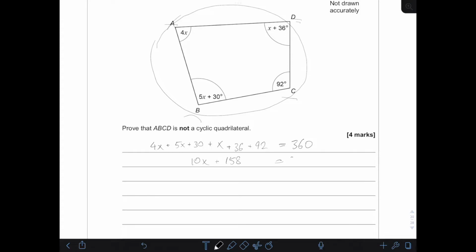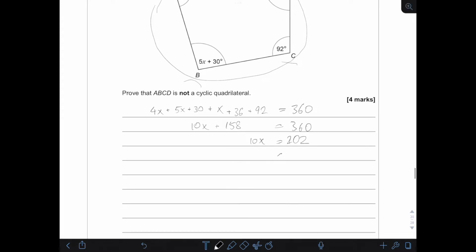Yes, sounds about right. 360, and if we do the algebra here, 10x is 202, I believe. Yeah, and then x is equal to 20.2 degrees.